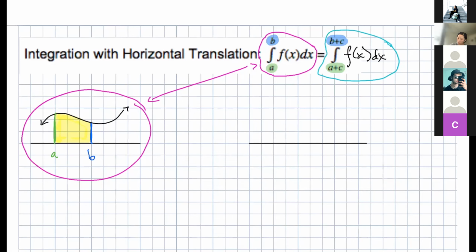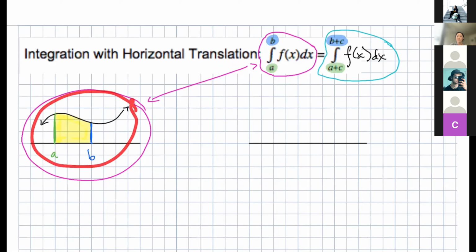So what I'm really doing, and this phrase here gives us a hint, is that we're basically taking the picture we have and sliding it over C units. Okay, C could be 1, C could be 2, C could be 3.